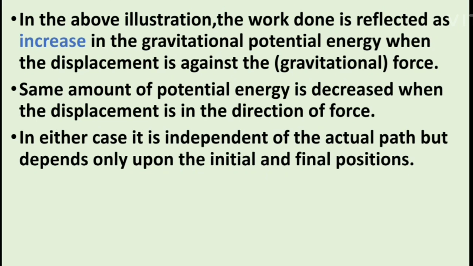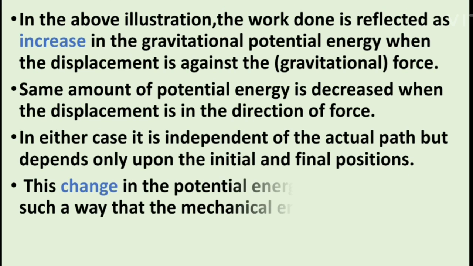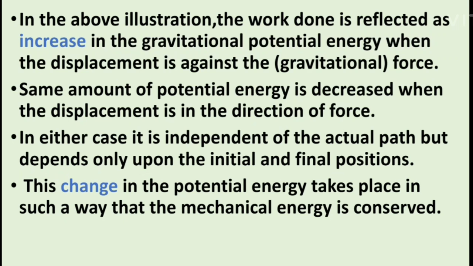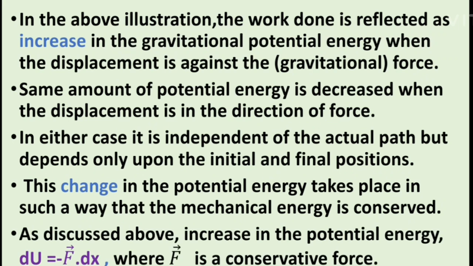In either case, it is independent of the actual path but depends only upon the initial and final positions. This change in the potential energy takes place in such a way that the mechanical energy is conserved. As discussed above, increase in the potential energy dU is equal to minus vector F dx, where vector F is a conservative force.